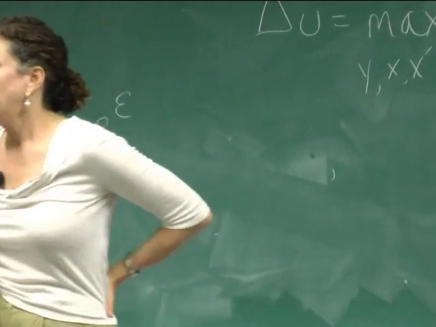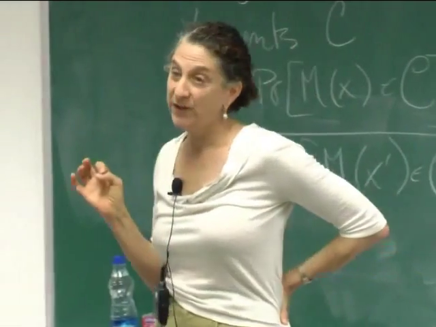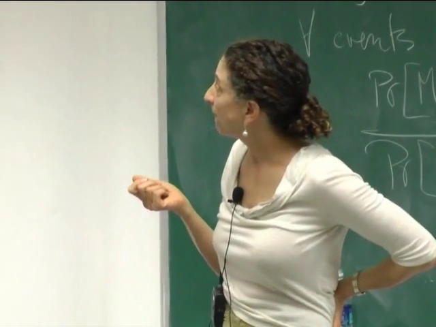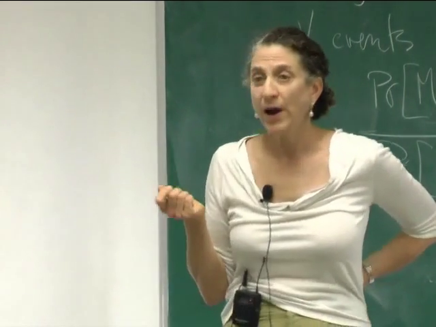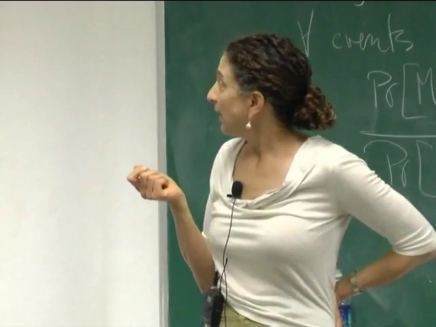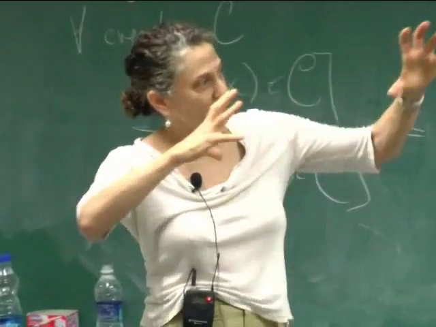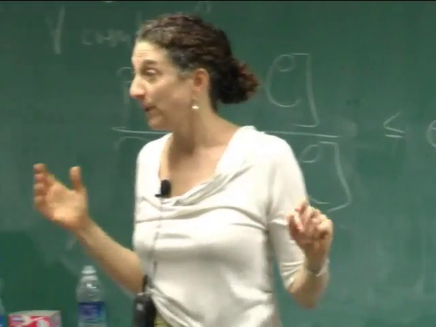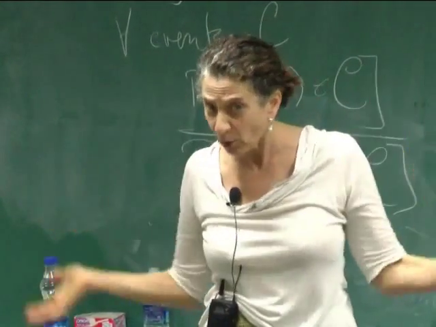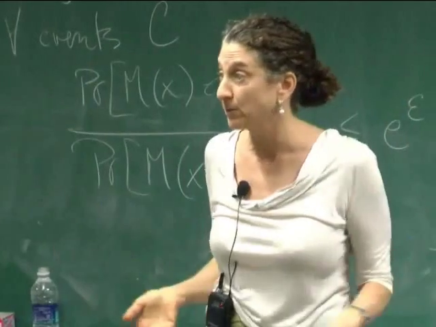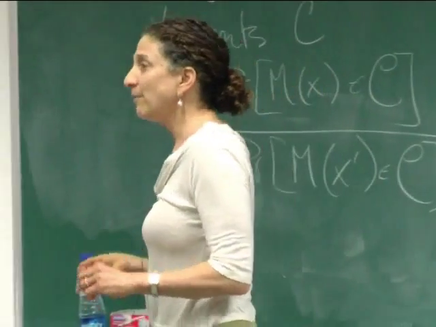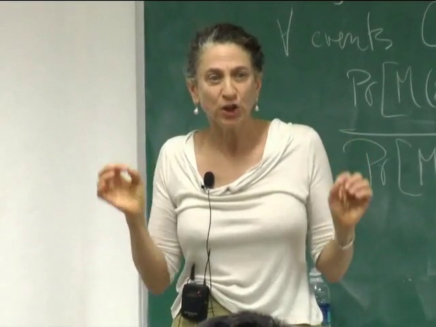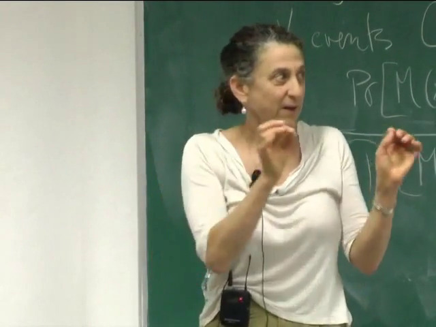So you can talk about what's called an alpha net. We have our set C of queries. What we require in an alpha net is that, if this big blue thing is the set of all possible databases, not all databases of a certain size, but all possible databases, then every possible database is close to somebody in the net.